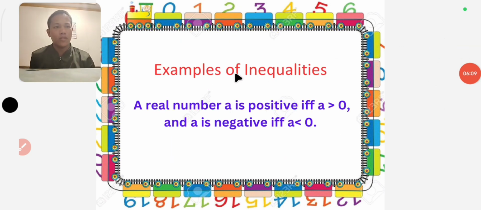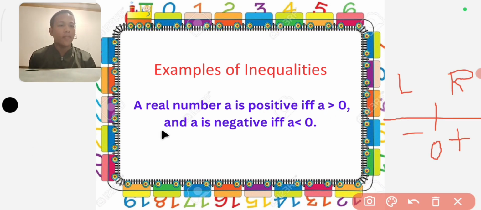So let's also talk about this one. A real number a is a positive number if and only if a is more than 0. So if the number lies on the right side of 0, it is a positive number.